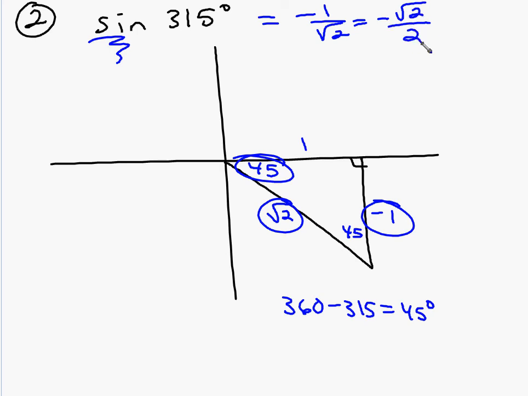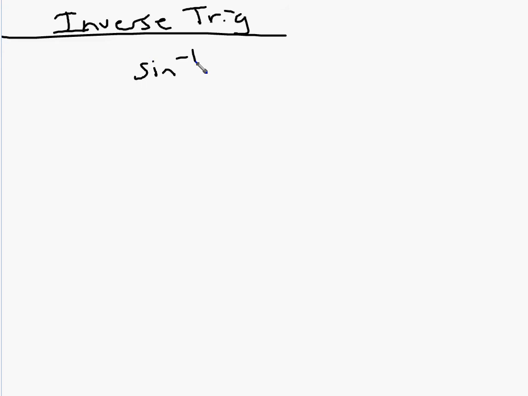Now, the only thing that changes when we get ready to look at inverse trig is remembering where they're defined. Inverse sine and inverse tangent and their partners are only defined in the first and fourth.